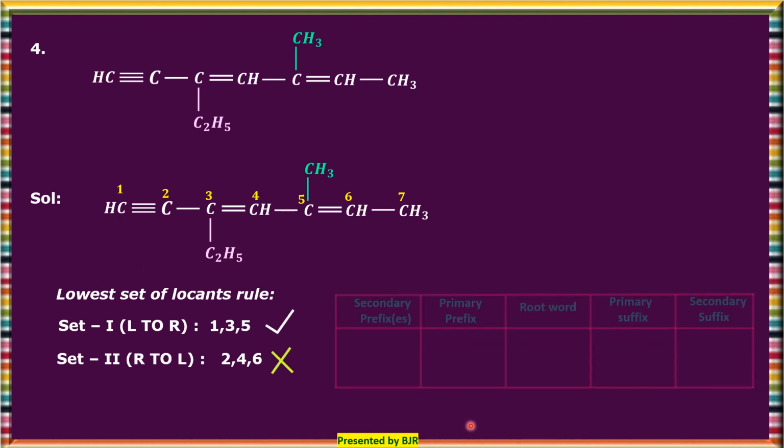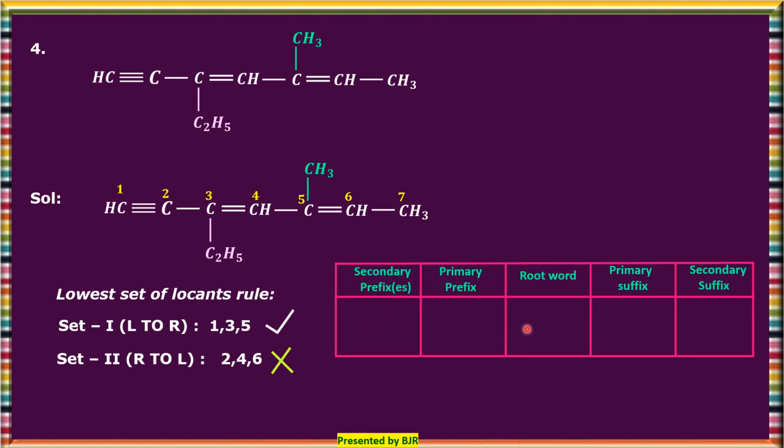Okay, then for the root word, 7 carbon atoms are there in the chain, so it is hept. Primary suffix: both double and triple bonds are there, it is en and yn. Secondary suffix is e, and there are two substituents, isn't it? So the third carbon atom and the fifth carbon atom have been attached to substituents, ethyl and methyl.